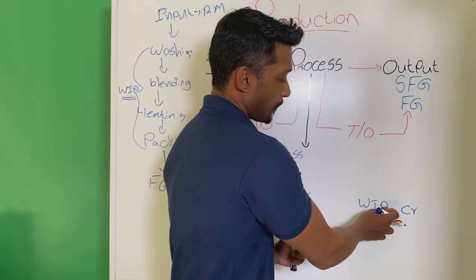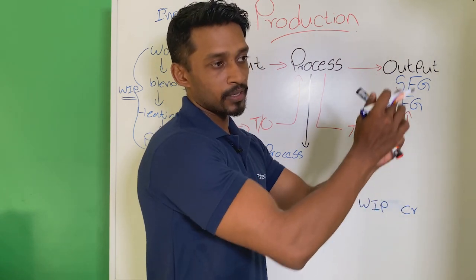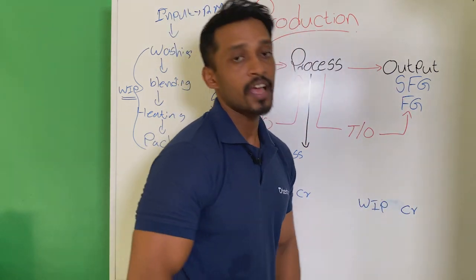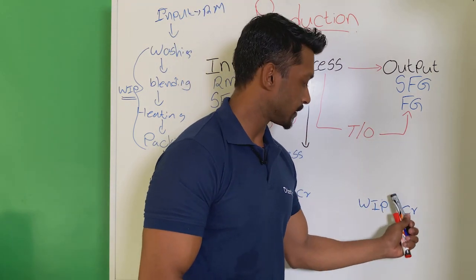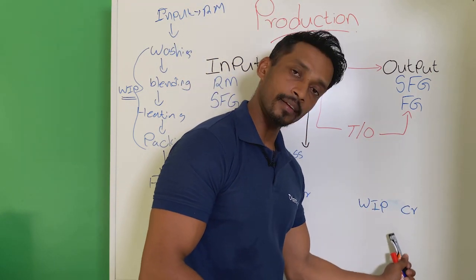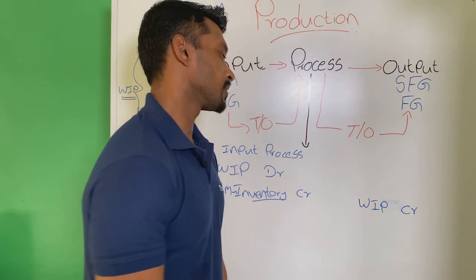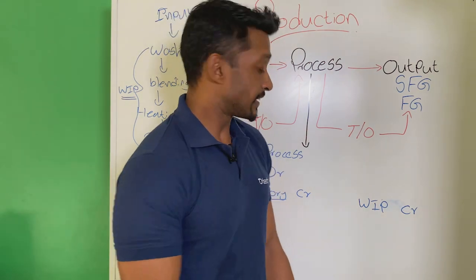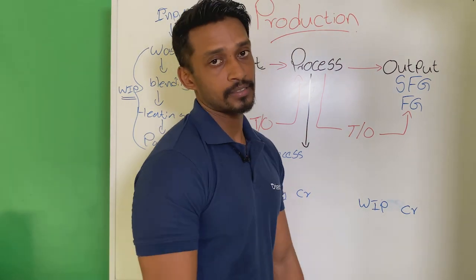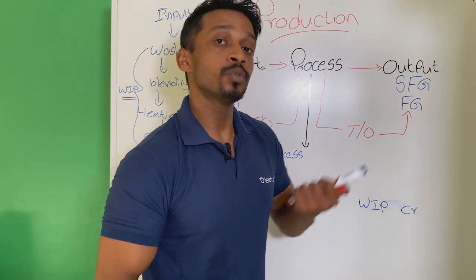And what happens here is, once you finish the production order, your work in progress stage is finished. Now it's a finished good, which means that WIP asset is going down, a decrease of the asset, and you will have to record it on the WIP credit side. Now which side gets debited? Once you finish the production order, now you have a new finished good stock.